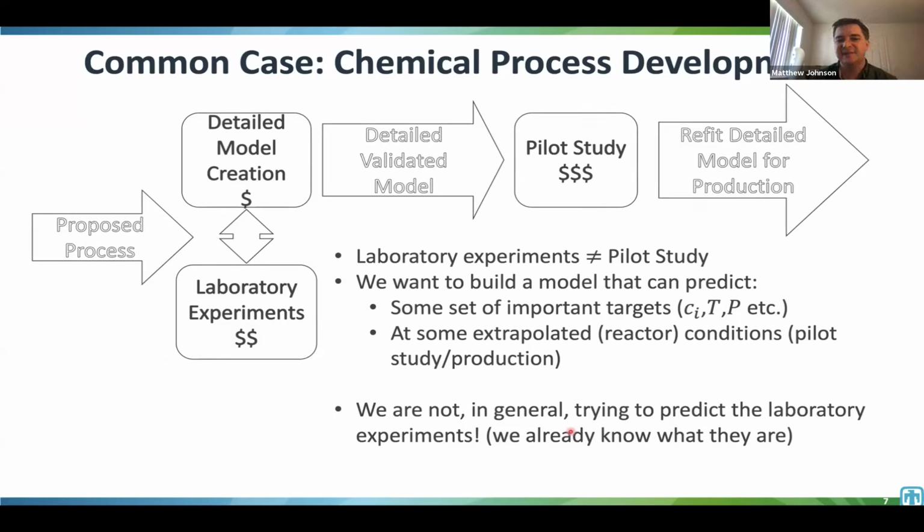In general, we're not trying to predict the laboratory experiments. We already know what they are. We're trying to predict some other condition that's very different. But we might use the laboratory experiments to gauge how accurate our detailed model is at this stage, and also to inform where we should be running calculations within the detailed model. What parts of the detailed model should we be improving?